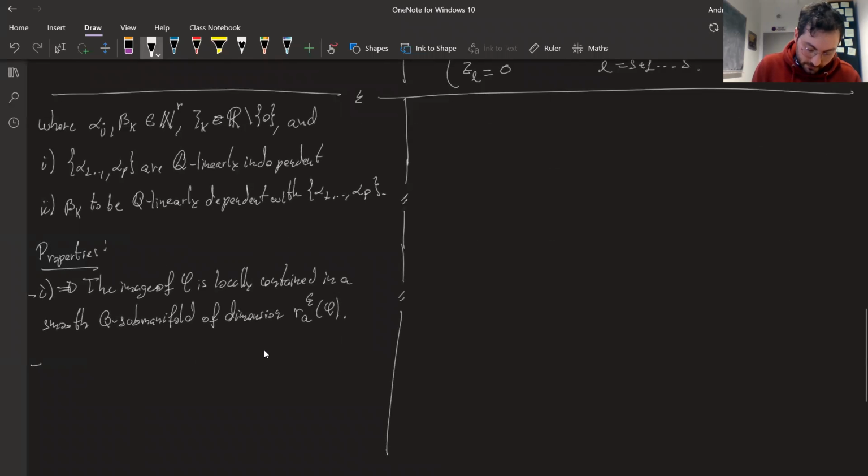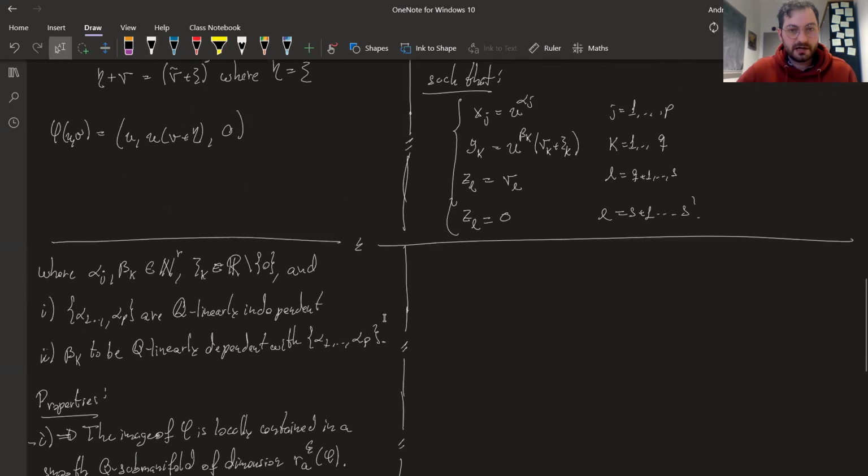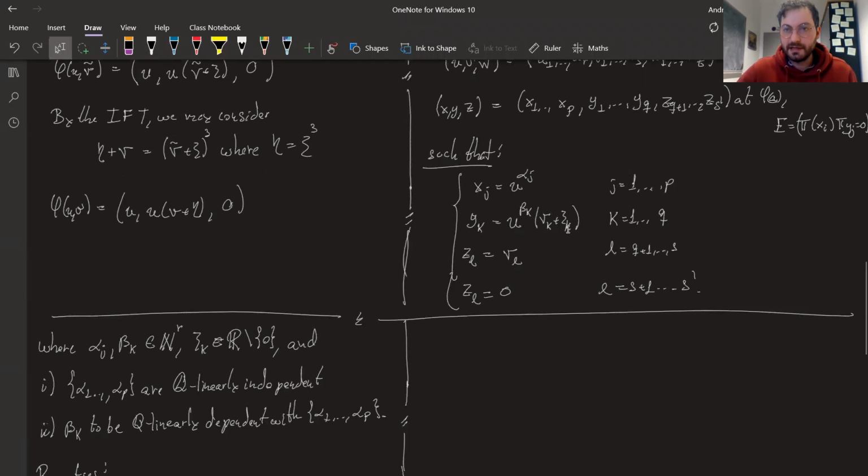The second property is that the monomial is an open property. And this is simply from the fact that we are admitting these VKs plus CKs that can happen.